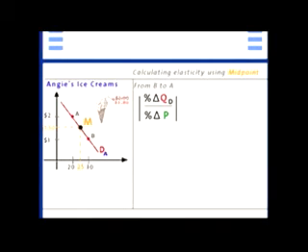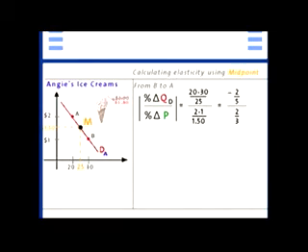In this case, the percentage change in price will be the new price of $2 minus the old price of $1 divided by $1.50, for a percentage change of 2/3. Once again, applying the absolute value sign and multiplying out those fractions, we get the elasticity of demand for Angie's ice cream is 3/5, or 0.6.